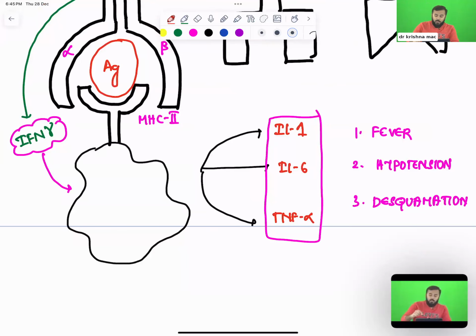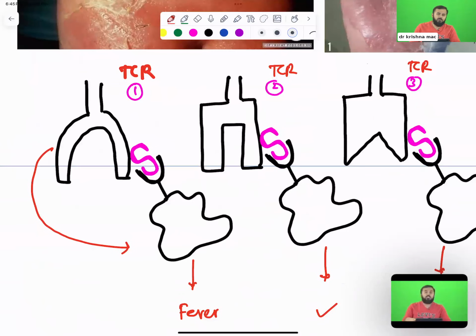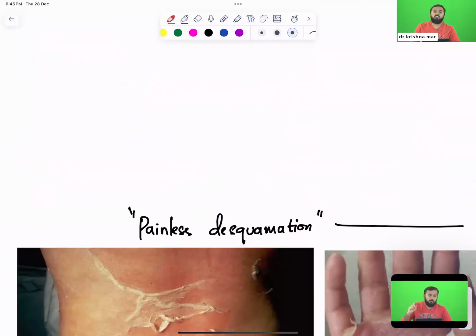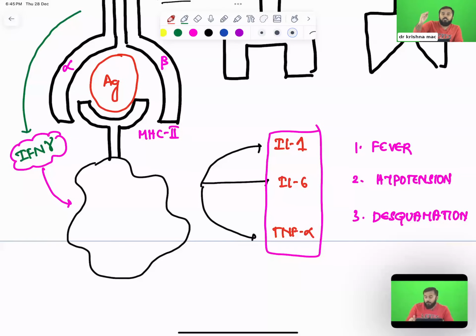So tell me, in this condition the patient was having fever, but in this condition the patient is having severe, very high fever.